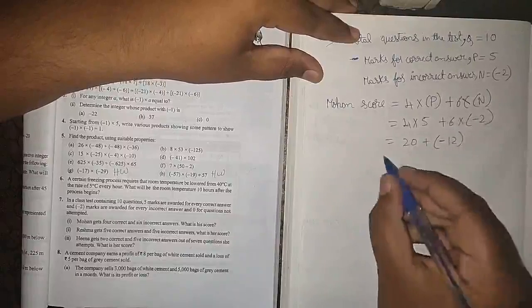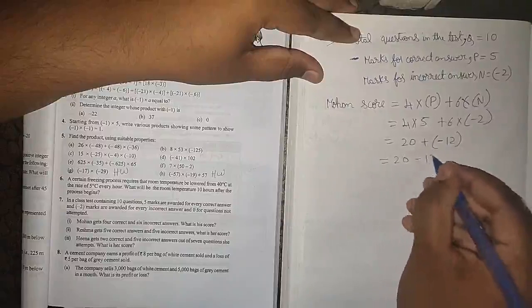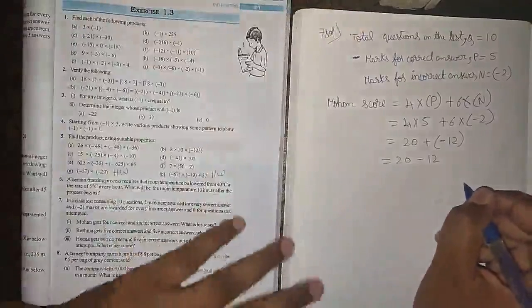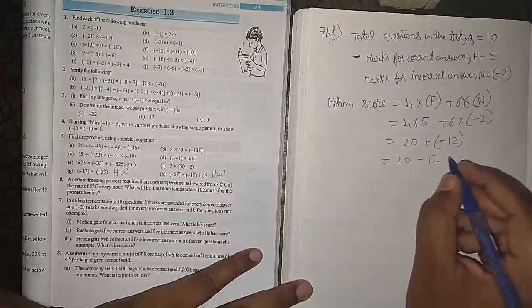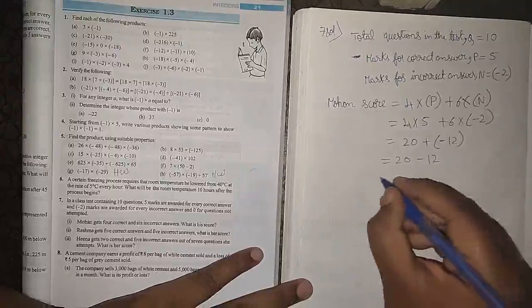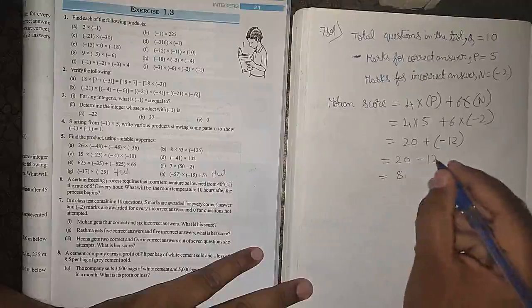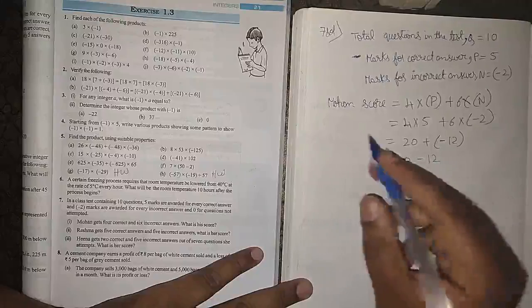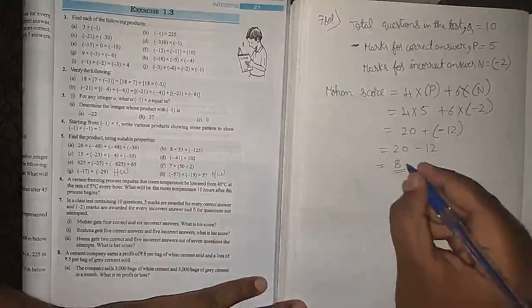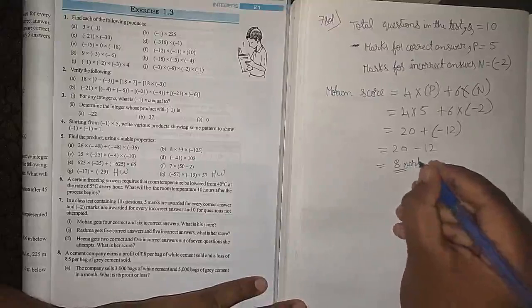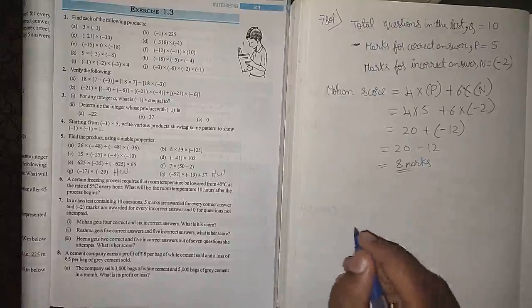Now you should add this: 20 plus -12. So this you'll get as 8. 20 minus 12 is 8. So Mohan's mark will be 8 marks. For 10 questions he is getting 8 marks.